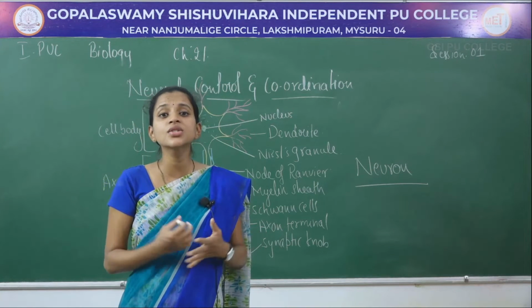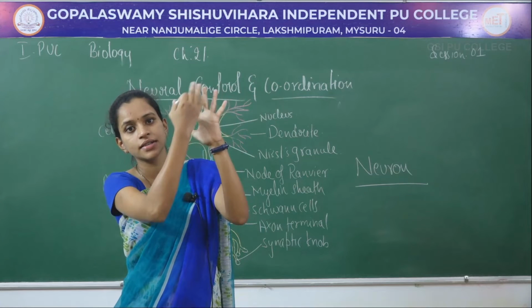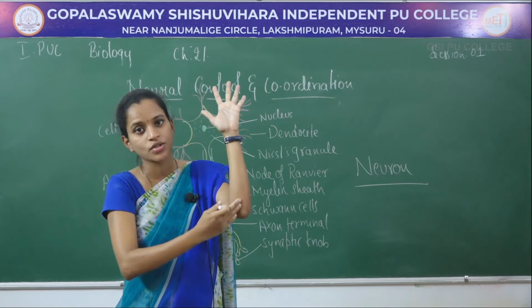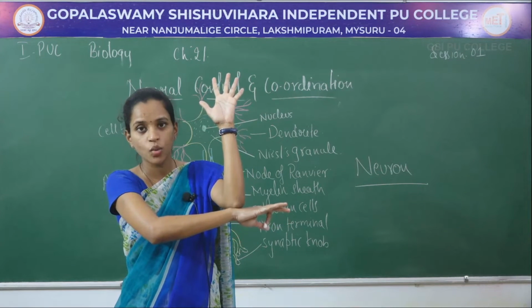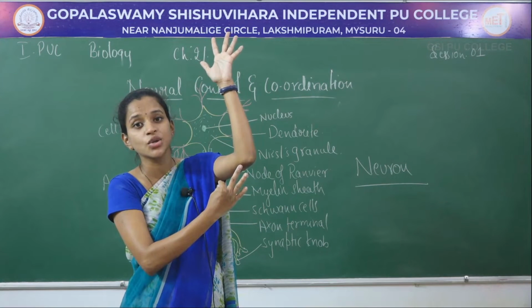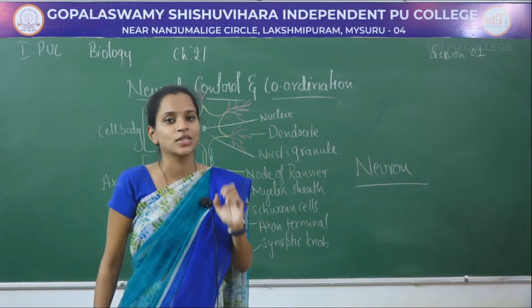So the dendrite receives the signal, passes it into the cell body, then into the axon, and here comes the axon terminal. Later, at the lower level, either there will be a muscle or the next neuron to receive the signals. That is how it takes place.